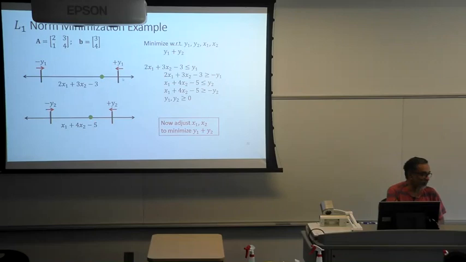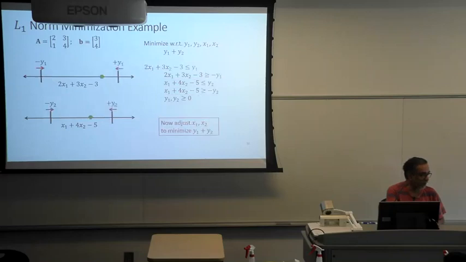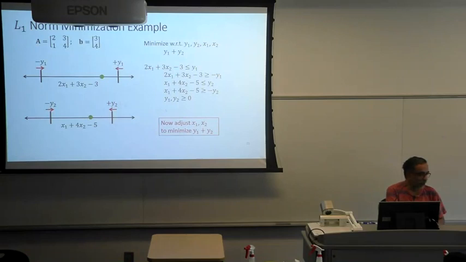Sorry about that. Anyway, this figure is wrong. So now adjust x1, x2. Now we try to move the greens inward. Okay. But I think you get the idea of what's happening.